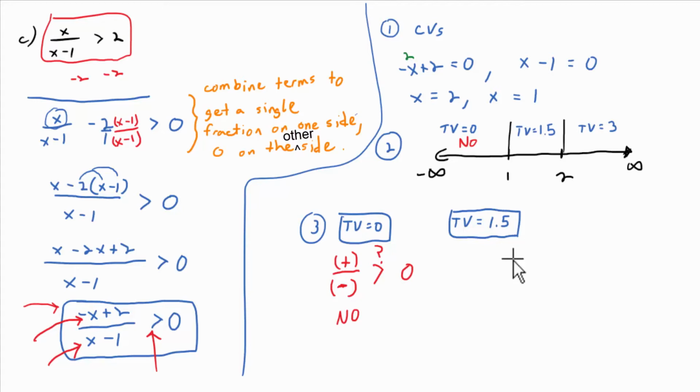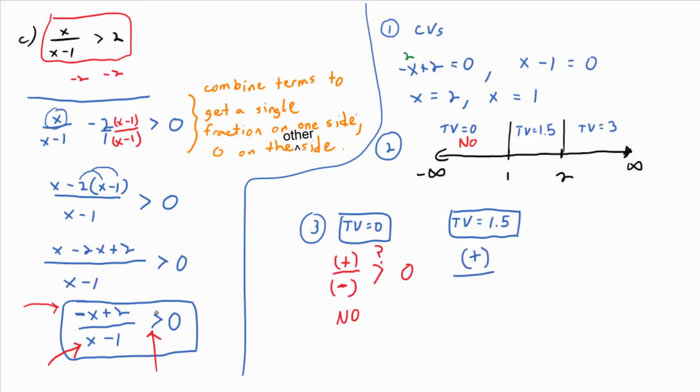Okay, anyway, test value of 1.5, plug it in here. Make sure you can see what's what here. That's a negative. I erased it, but that's a negative in front of the x, right? So if you plug in a 1.5 here, negative 1.5 plus 2, is that positive or negative? Still positive, right? Positive 0.5.